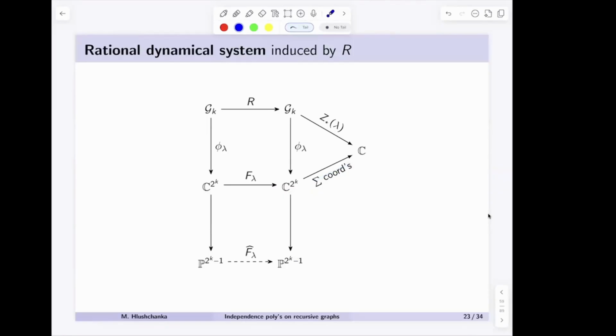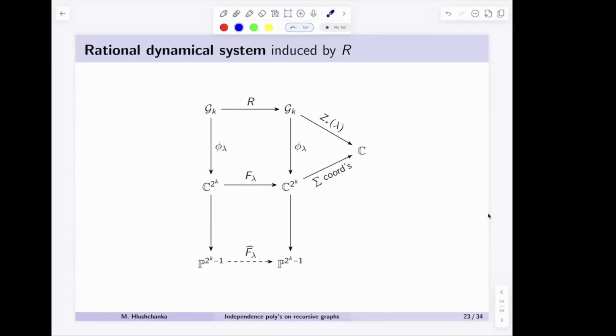So instead of looking at the independence polynomial, what we want to understand is the iteration of this dynamical system phi lambda hat, and we want to understand when the sum of coordinates is 0. So this is what we are after in this discussion.